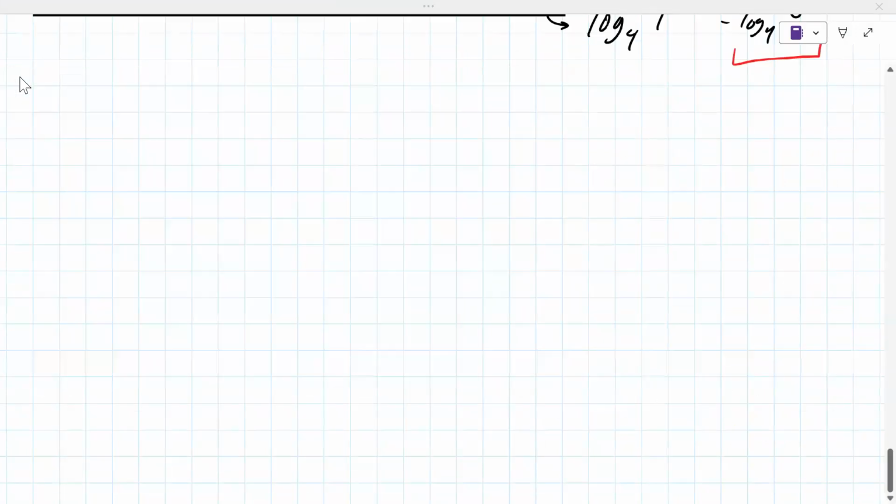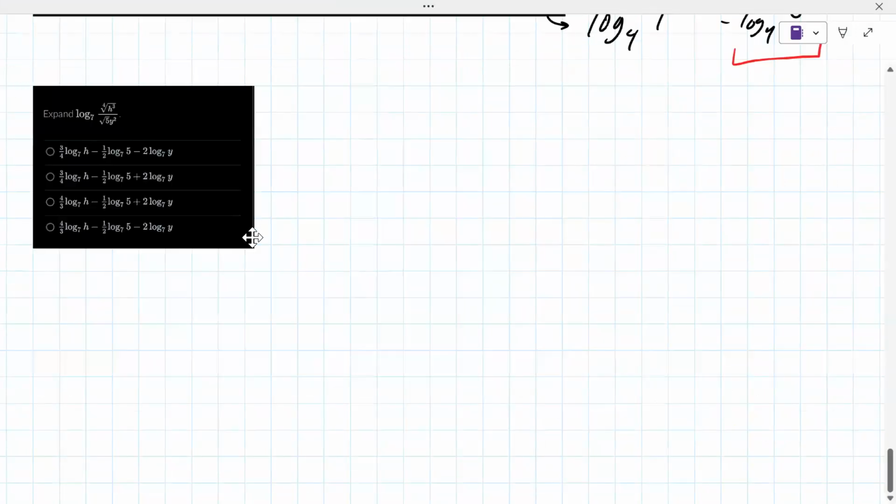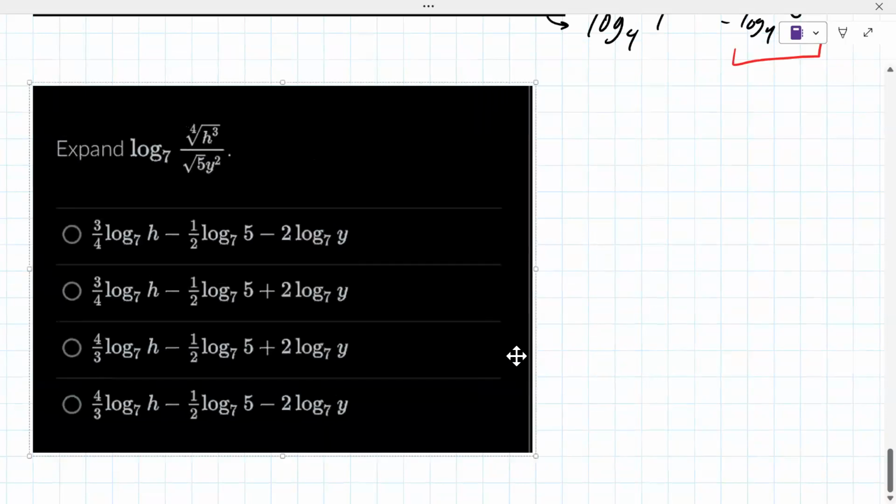All right, next one here. This is an expanding problem. One of the things I'll do to maybe help here is that it's really h to the 3/4 power over 5 to the 1/2 power y squared. Have you been doing any problems like this in class? A couple.